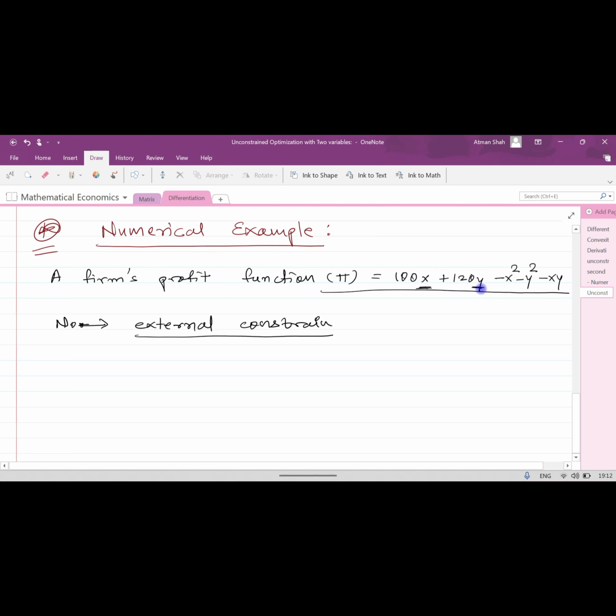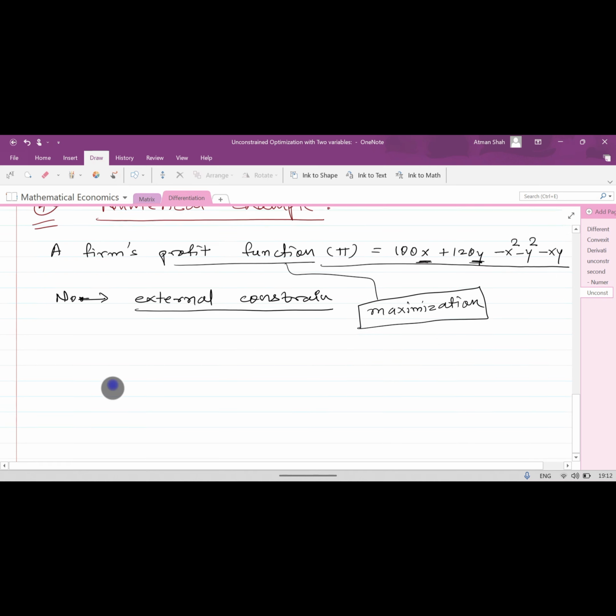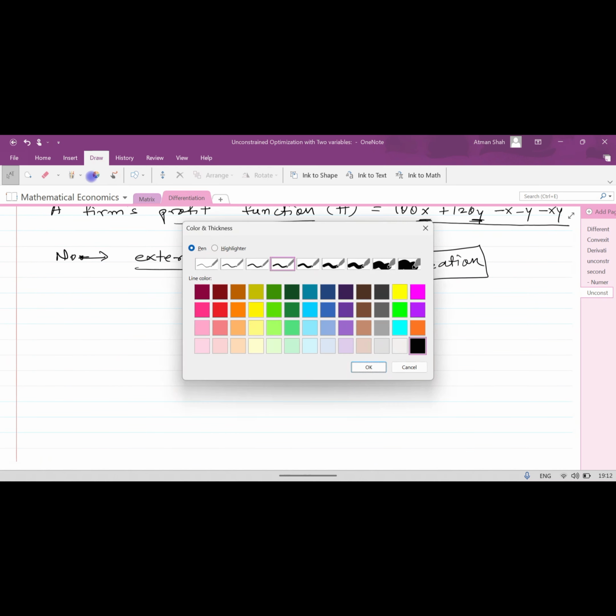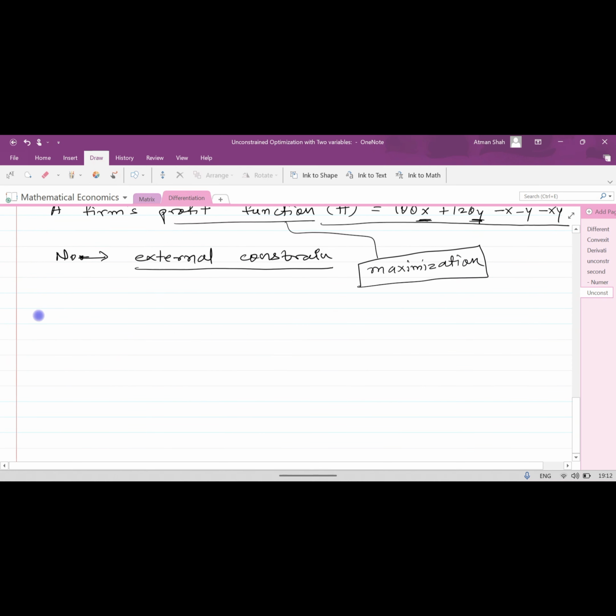So we want to find the value of commodity x and commodity y such that this profit function is maximized. So we are dealing with the problem of maximization. So let's find the first order condition.